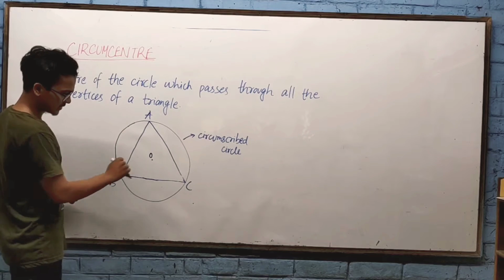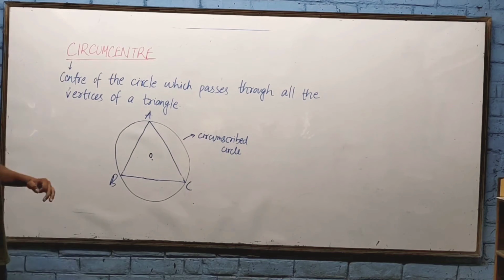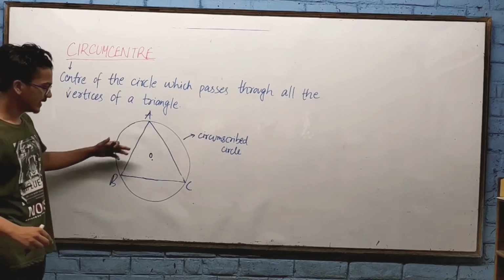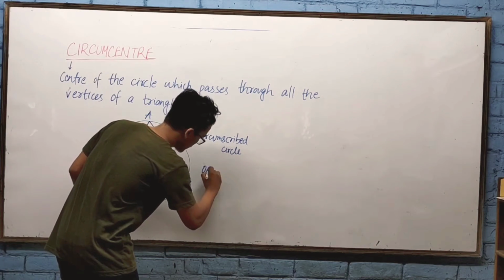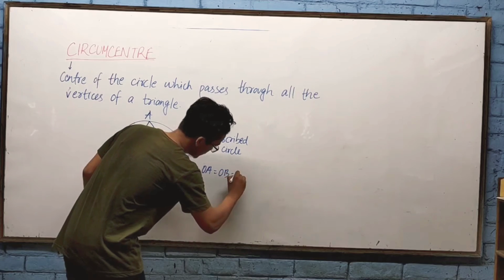Now, all three vertices of the triangle A, B and C lie on the circle, so they will be equidistant from the center O. That is, OA equals OB equals OC.